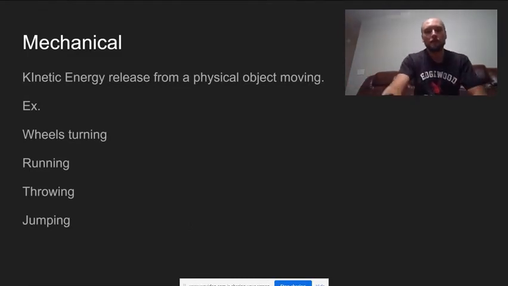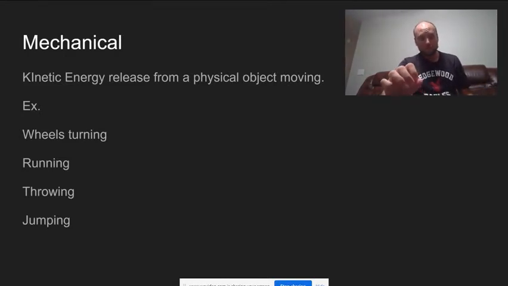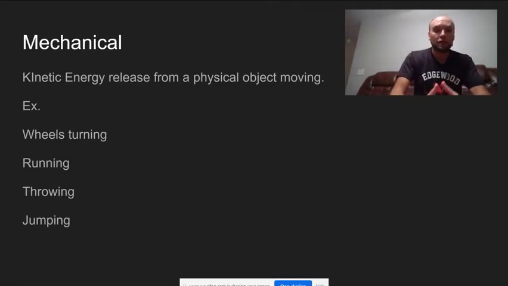So if you go to your table, there are 5 examples of kinetic energy, and we're going to talk about some of them. The first one is mechanical, and this is our most typical type of kinetic energy. So it's just the energy from a moving object.